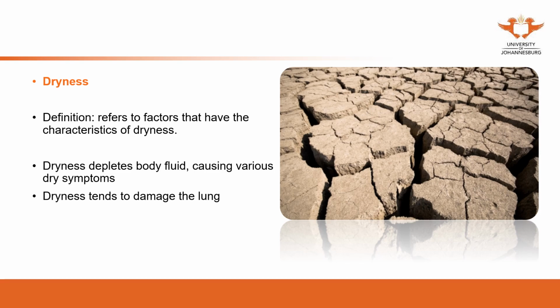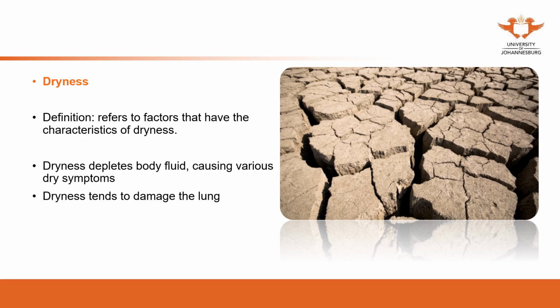If the climate becomes abnormal, if there's not enough rain, or if there's no normal rain as usual, it will cause dryness. So it can happen in all different kinds of seasons. As long as there's no rain, it will cause dryness.